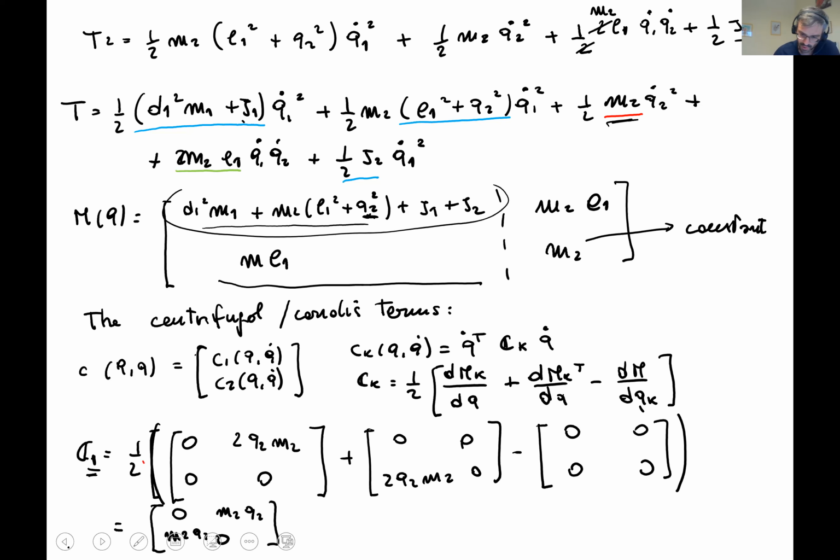Then for the second one, we repeat the same procedure. Now we do the differentiation of the second column with respect to Q2, but the second column is constant.